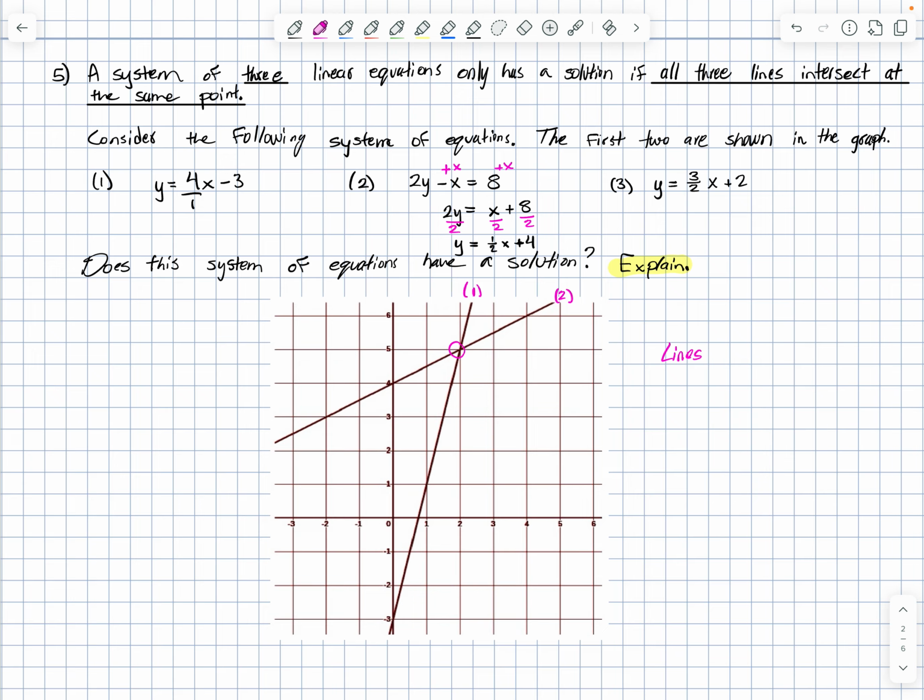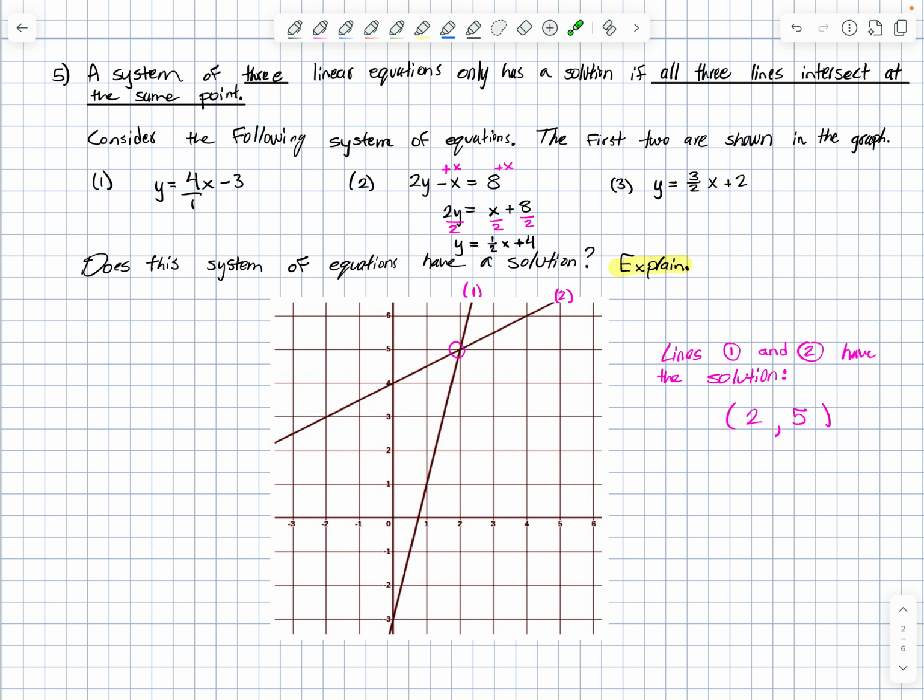Lines 1 and 2 have the solution given by the coordinates of that point of intersection: x is equal to 2, y is equal to 5. This is how we solve problems graphically, using graphs. So good, visually, I've solved that.